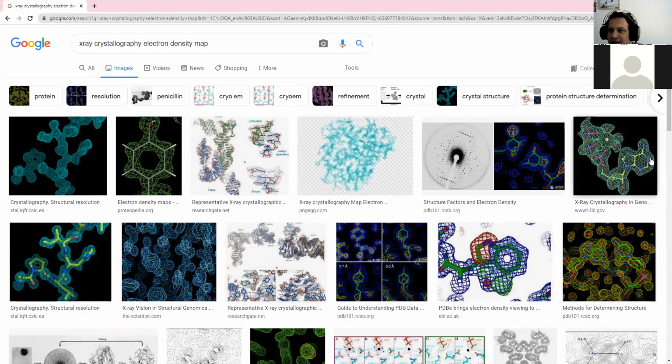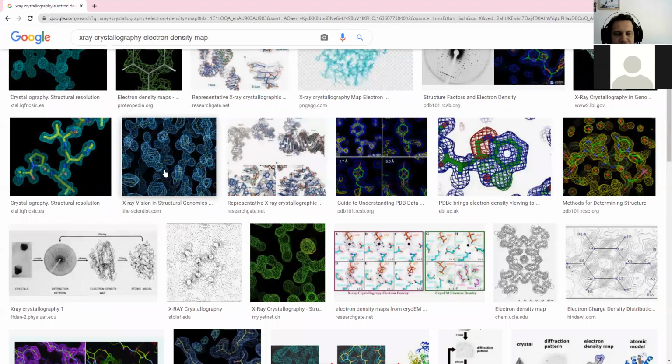So you can see the electron density clouds around all of these parts of the molecule. It's all done by supercomputers now. Yeah, so you can see really, all right, you've got a carbon ring here. So we know that that must be this amino acid. Wow. That's actually pretty cool.